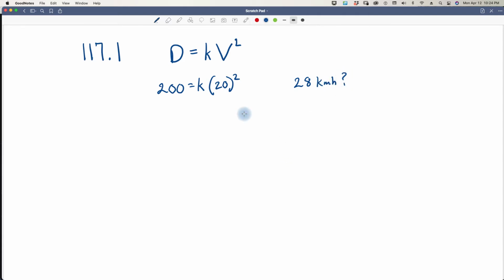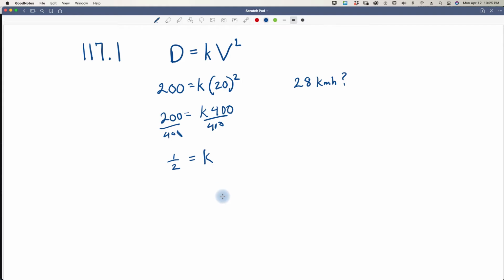First, we've got to find our constant, just like before. So we are going to first square the 20, right? So that's going to be 400. So 200 equals k times 400. Then we divide both sides by 400, and that equals half.